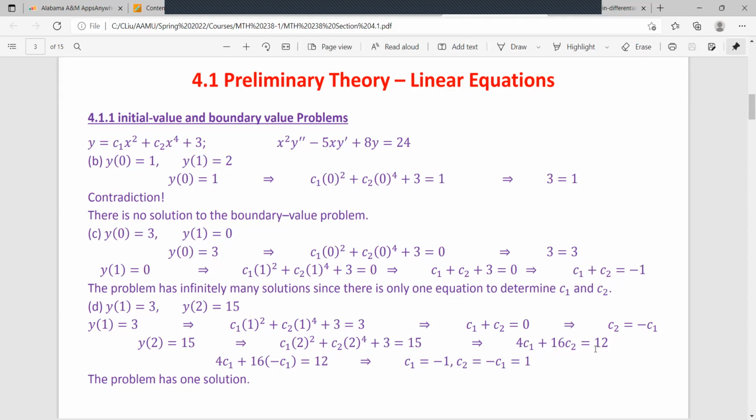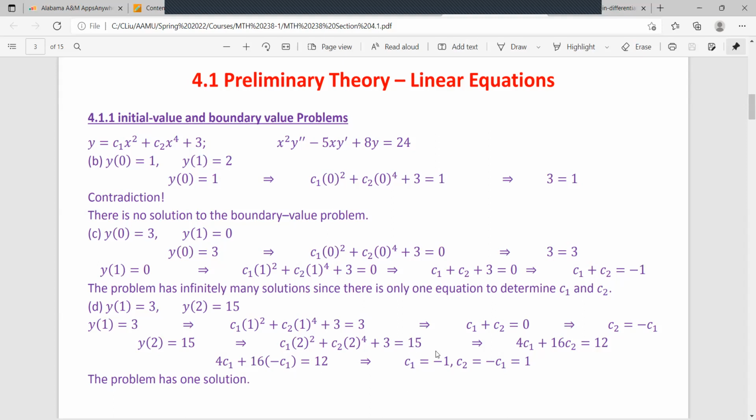And then you can use the first equation, C2 equals negative C1, to substitute for C2. So we get 4C1 plus 16 times negative C1 equals 12. So that's negative 12 C1 on the left if we combine the two terms, and then you just divide by negative 12 to solve for C1.